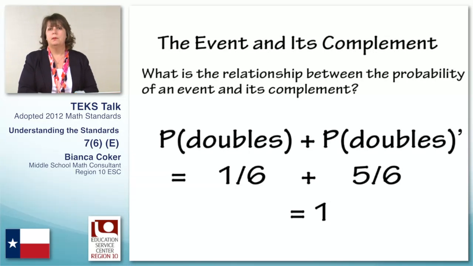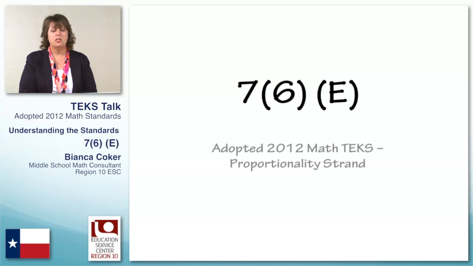Now when we're talking about probability in percentages, that's 100%. That means that when we roll two fair number cubes, we're either going to get doubles or not doubles. Does that make sense? So when we look at that relationship, we wonder, and hopefully our students will too, if this relationship holds for all events and their complements.